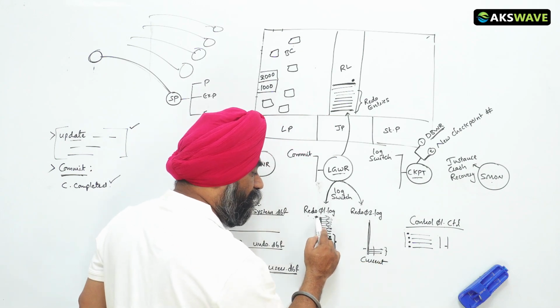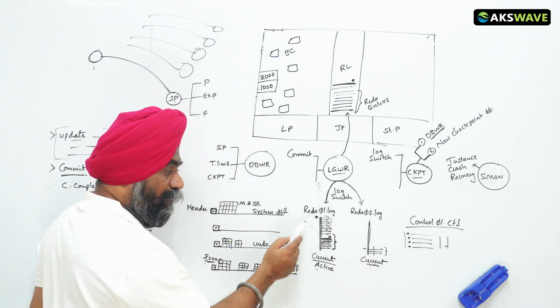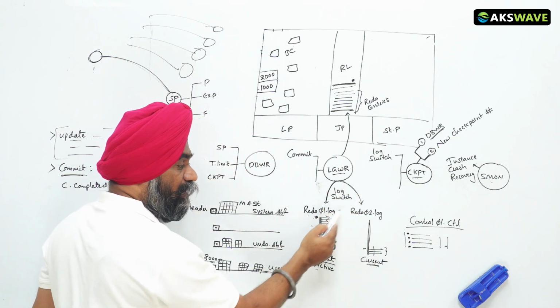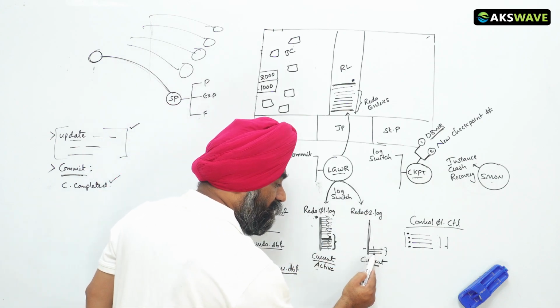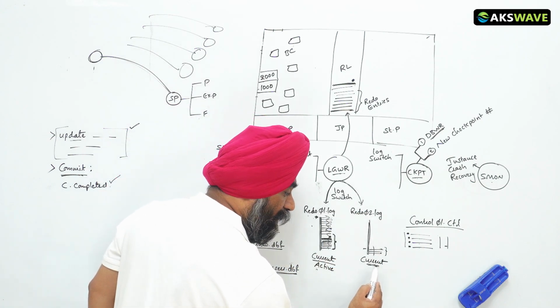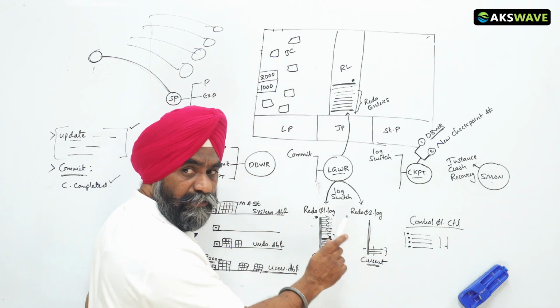Now, basically, after the checkpoint, where are they? They are not in the old one because the checkpoint happened at the last, when a log switch occurred, correct? So after this checkpoint, whatever transactions are done, where will you find them? In the current redo log file.